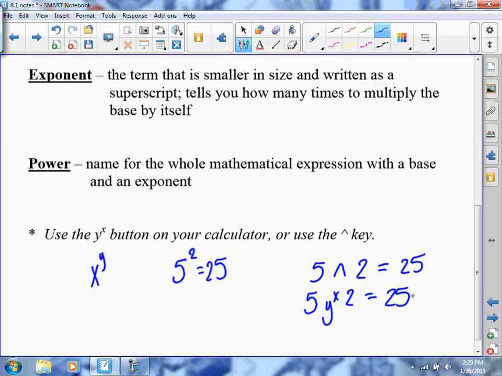If for some reason you don't get 25, try switching the order of the numbers: 2, then y to the x, then 5. Play around with your calculator until you find the combination of numbers and buttons that gives you 25. That's the order you'll want to type in all of your exponential expressions.